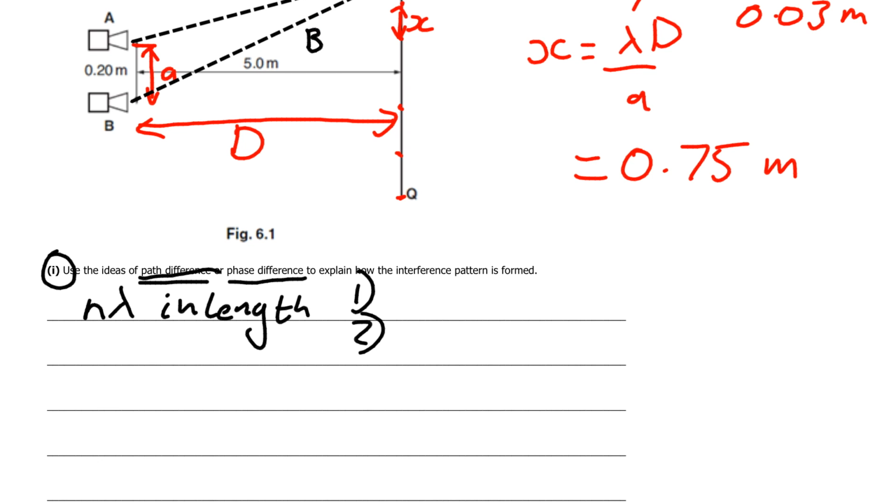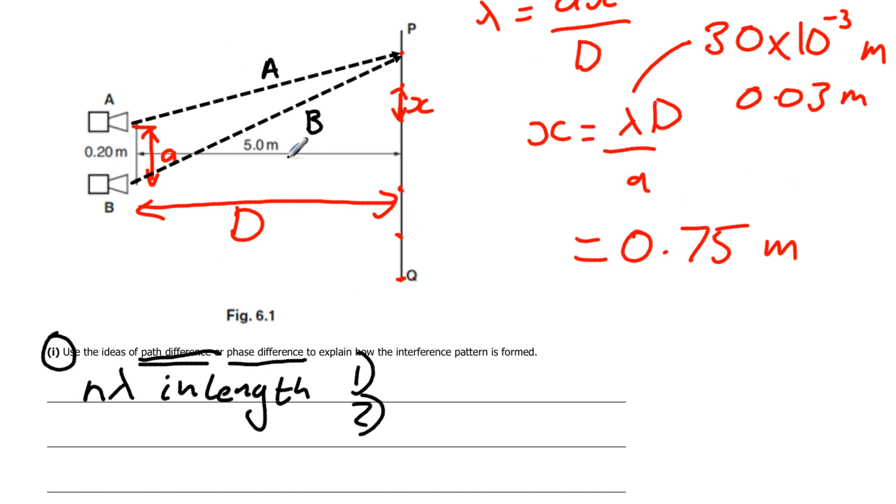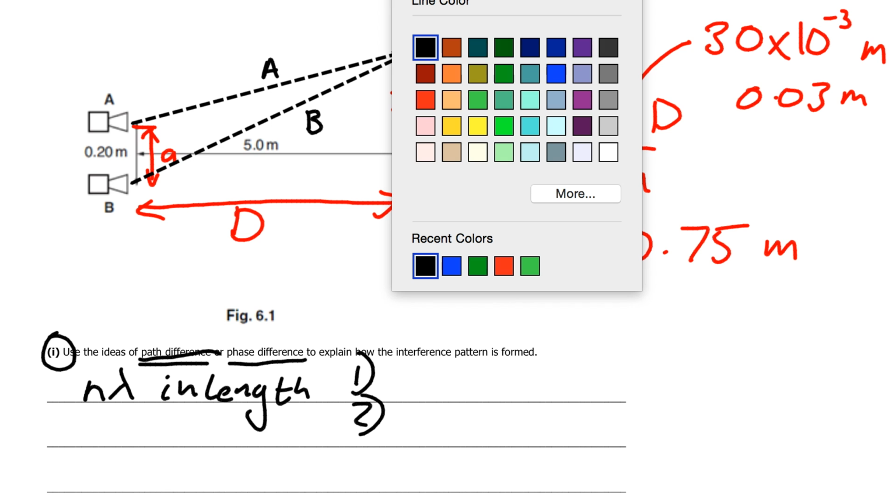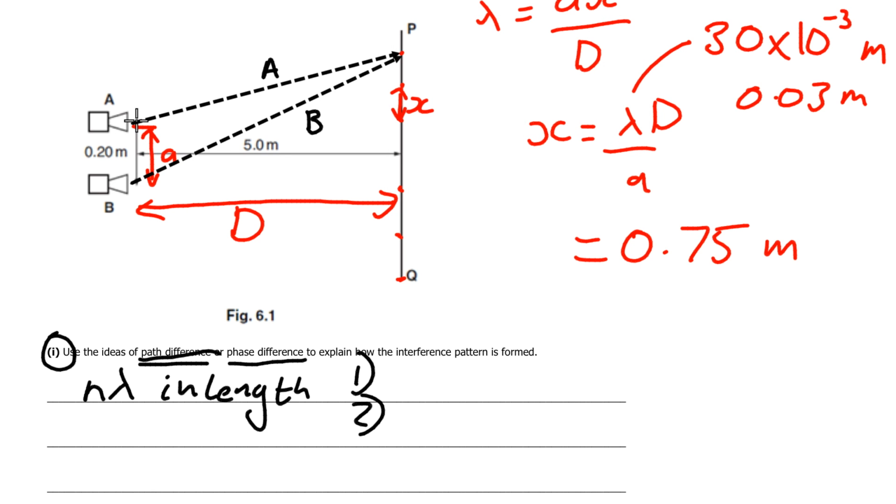Let's have a look at what happens when the path difference is different and they're out of phase. Let's go for a different color here, a red line. We're going to look to see where they're out of phase now. Out of phase here is going to be somewhere in between those points of maxima. In this case, the line that I'm highlighting here has gone further, but because there's destructive interference, it hasn't gone n lambda further.